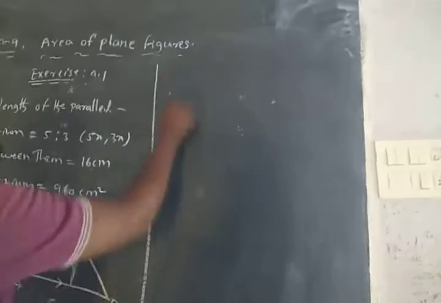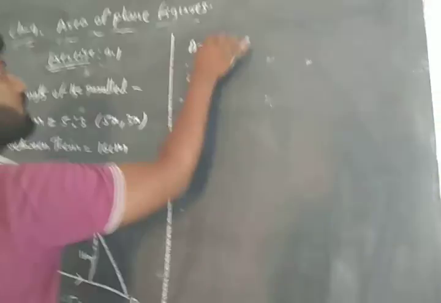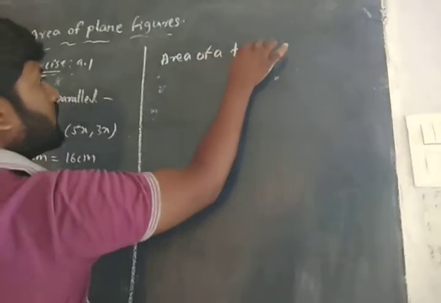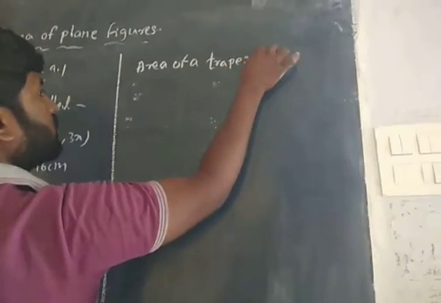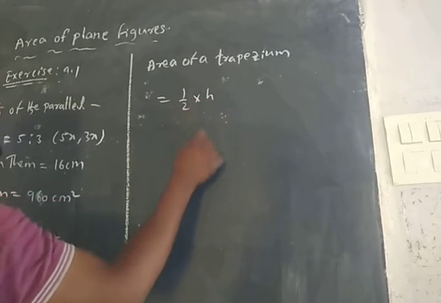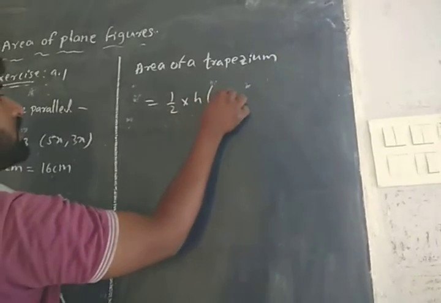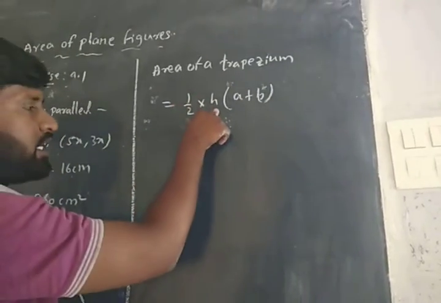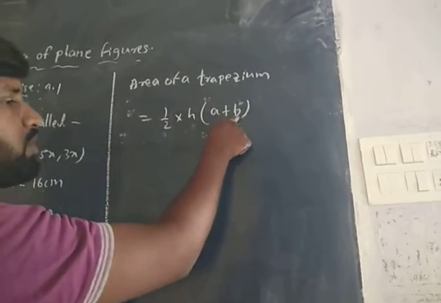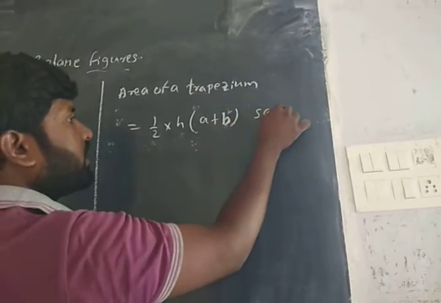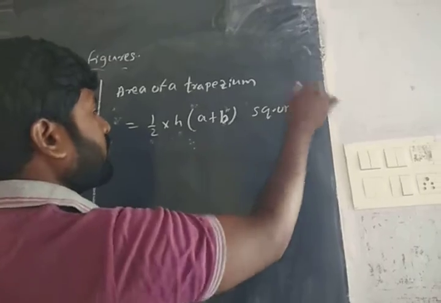Then what is the formula? The area of a trapezium is equal to half into h into a plus b, that is half into the height of the trapezium into the sum of the lengths of parallel sides. Area is always in square units.